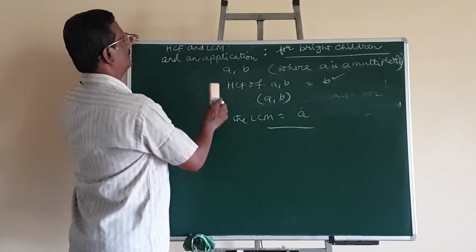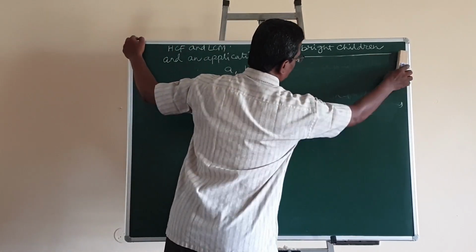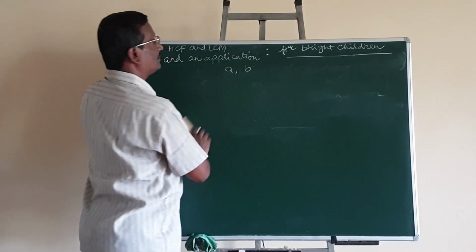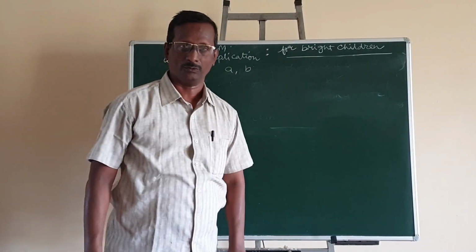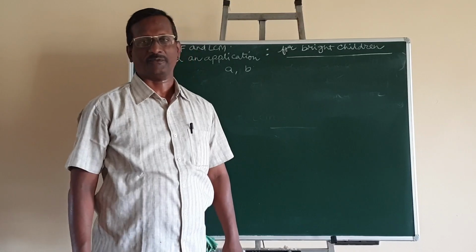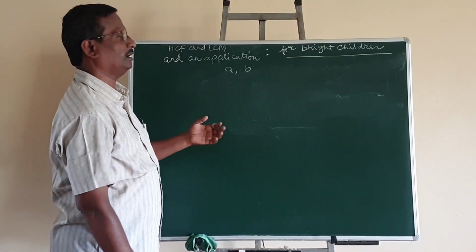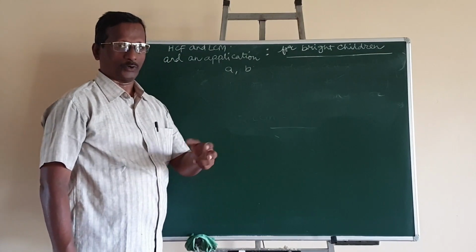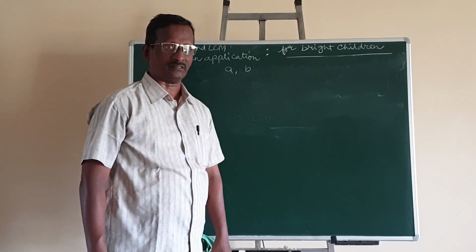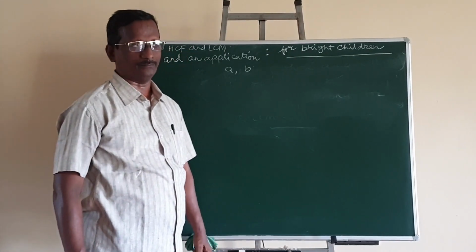Now, in the third case, where A and B are not primes and not co-primes, there is a common factor, or maybe more than one common factor, or we can say the product of two or more prime numbers is the common factor. In that case, we need to do calculation.